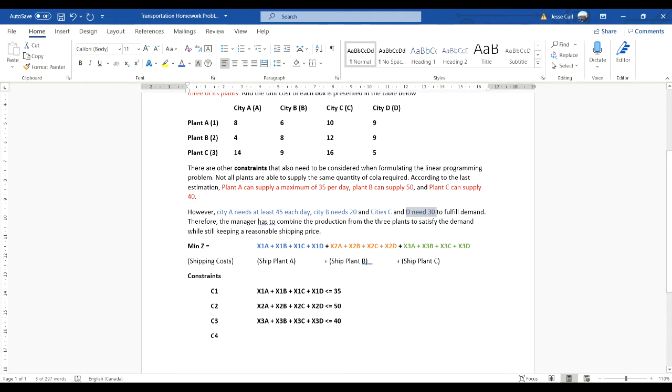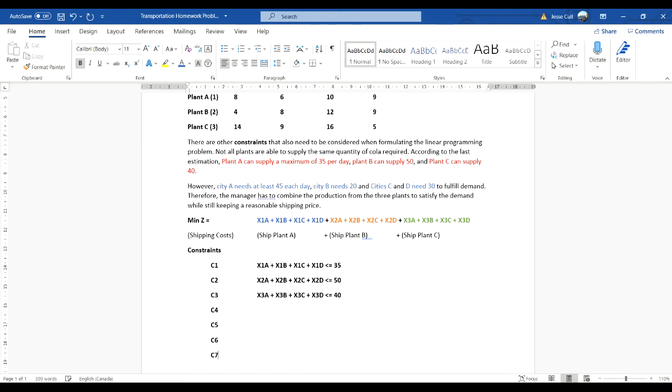So we have 4 more constraints. We have C4, C5, C6, and C7.